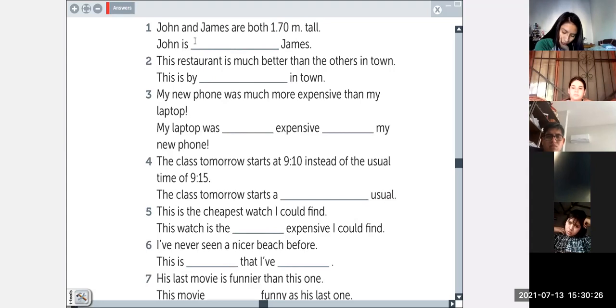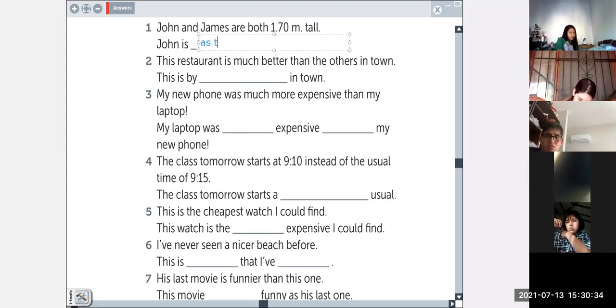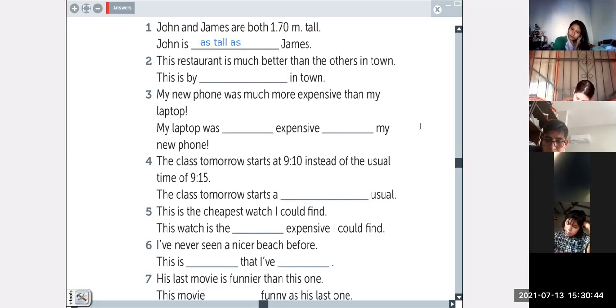As tall as James. No se olvide el as del principio. As, luego un adjetivo, tall, y luego del adjetivo también necesitamos utilizar as. As tall as. Okay. Very good. Let's go with the next one. Please, Daniel.